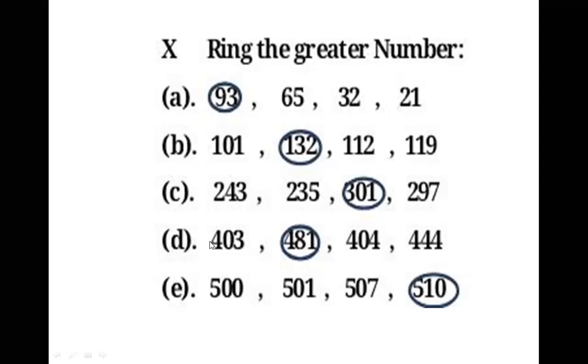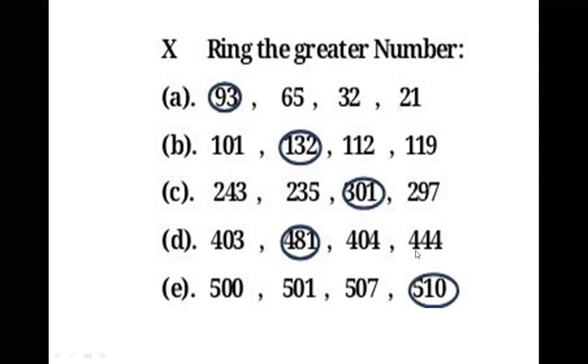Now go to D. See here: 403, 481, 404, 444. All numbers belong to the 400s. First digit, all numbers have the same digit, 4.